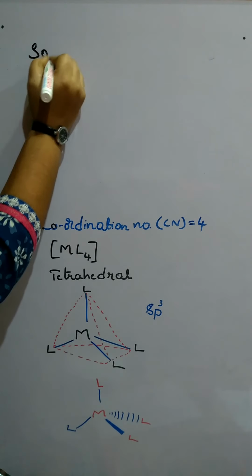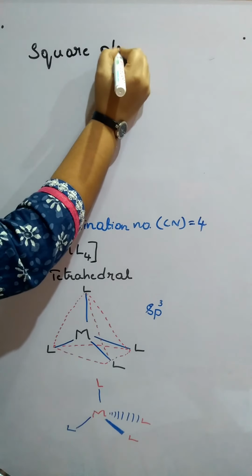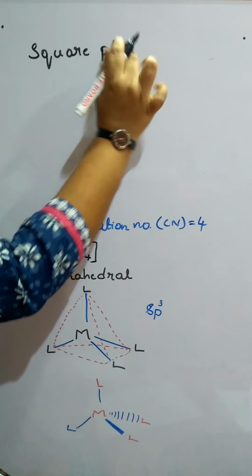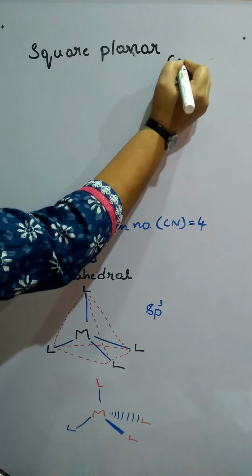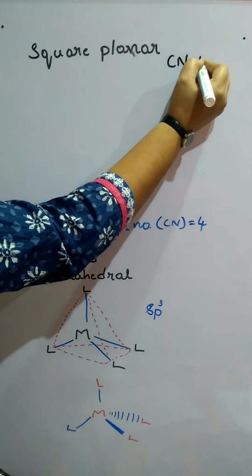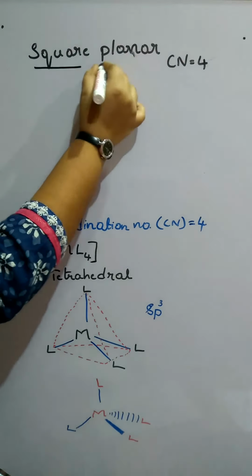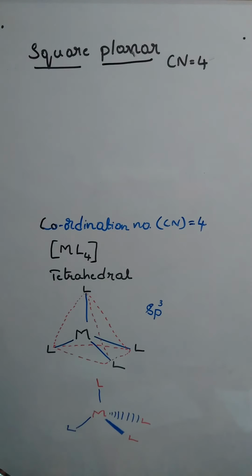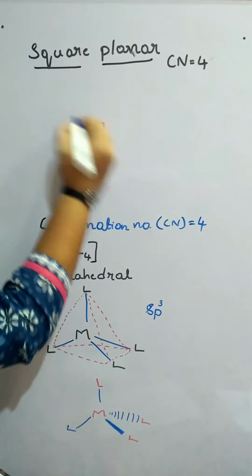So it is a square planar. Here also, the coordination number is 4 only. So in coordination number 4, there are 2 possible arrangements. So we can draw that structure.